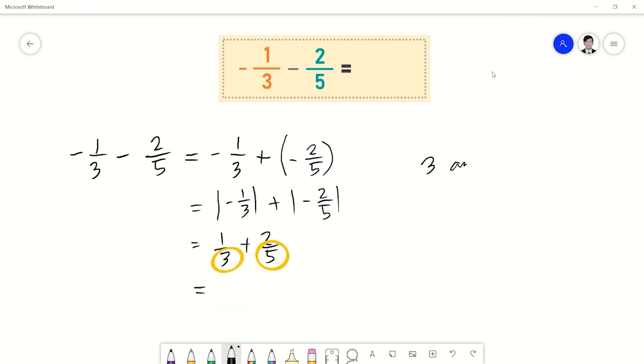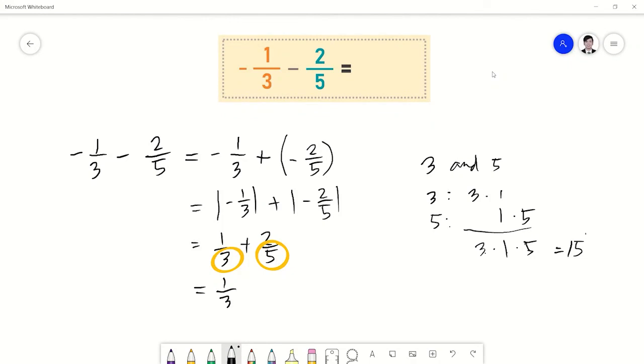Now, in terms of 3 and 5, 3 is just 3 times 1, and 5 is just 5 times 1. That means bring it down, bring down, bring down. 3 times 1 times 5 is 15. So it's expected that both denominators will become 15.